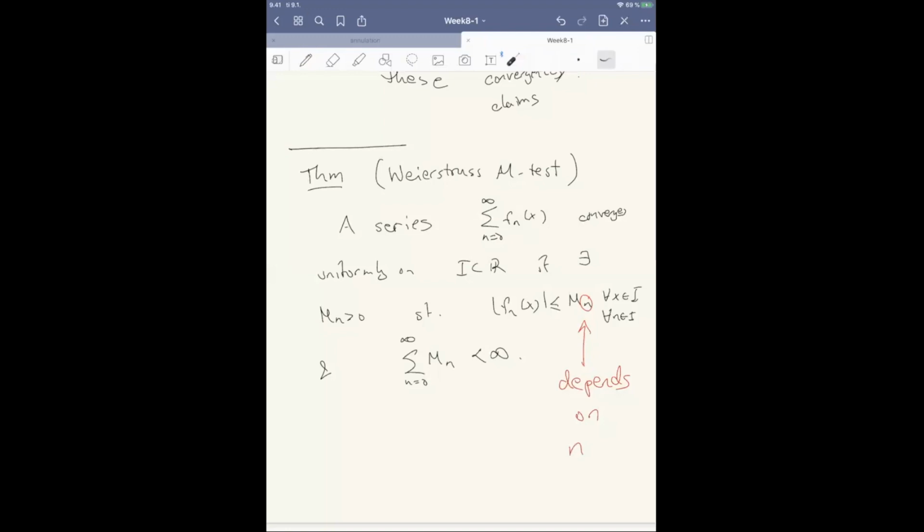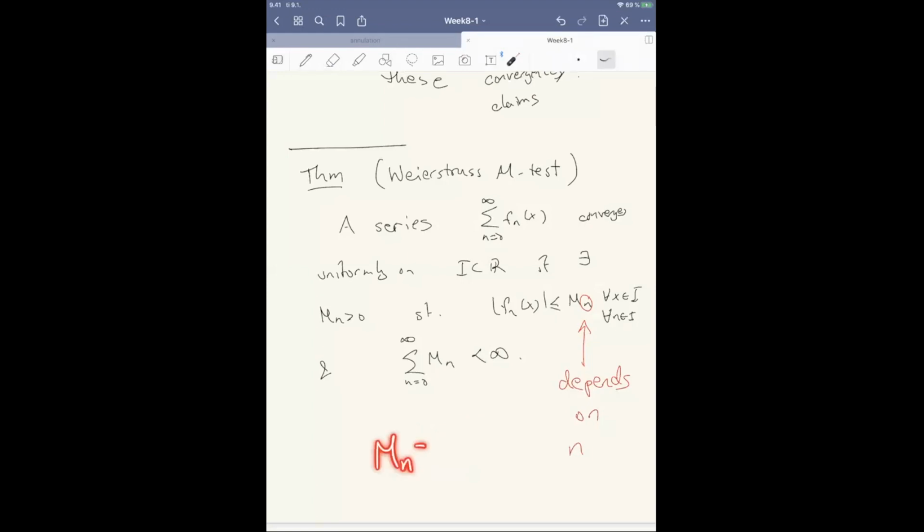So if you have such a bound, and the sum of these bounds converges, and these are now real numbers M_n, if you have this sum as finite, then you know that the series converges. And for us, for power series, usually the reason the series converges is really because it is like a geometric series.